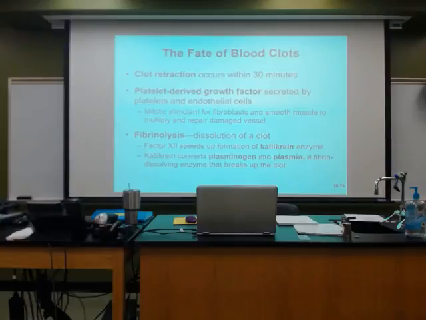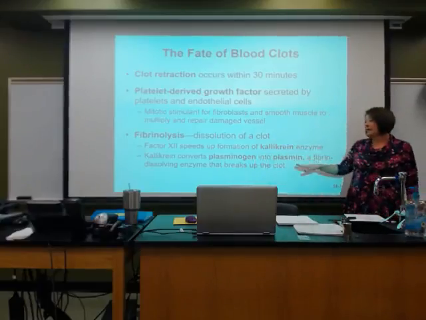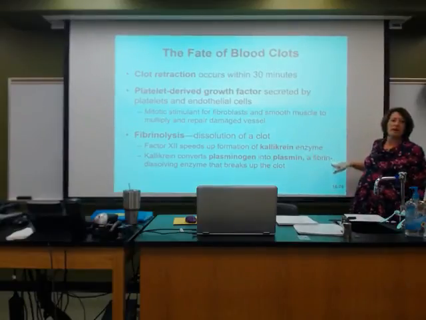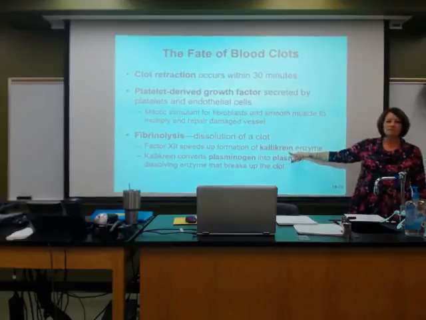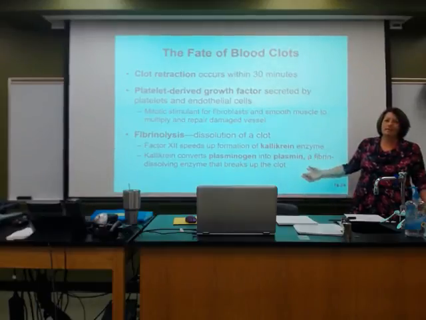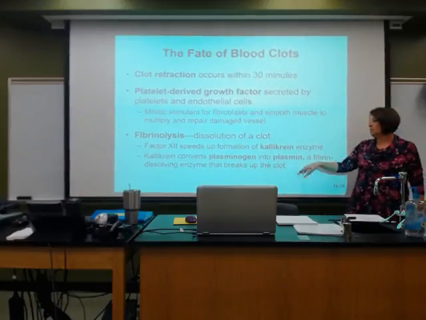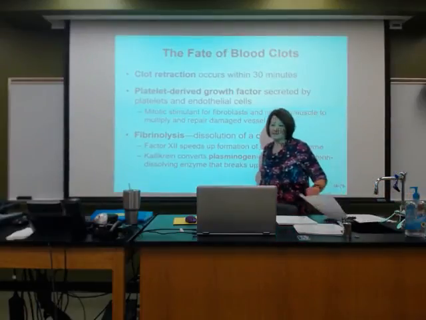So we have to make sure that we have an enzyme that will break the fibers. Don't you love how they named it? Somebody got inventive in lab that day, sort of like kill the clot. I mean, that's what I think of. But anyway, you know, so we begin to get the breakup of the clot.